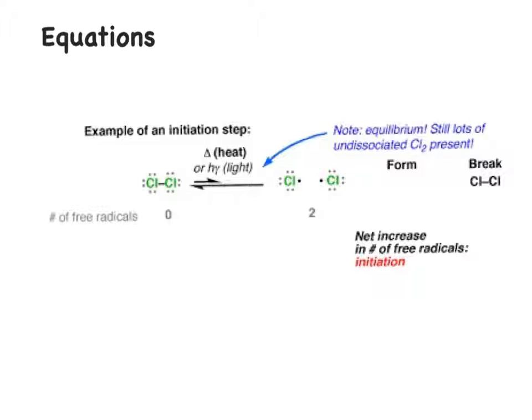So we can start off with 0 radicals, and I like the way this diagram does it. It talks about the number of radicals that are available in the system. We start off with 0, and just with the homolytic fission, we get there and have 2 chlorine radicals. All right, so initiation causes radicals to enter the system.